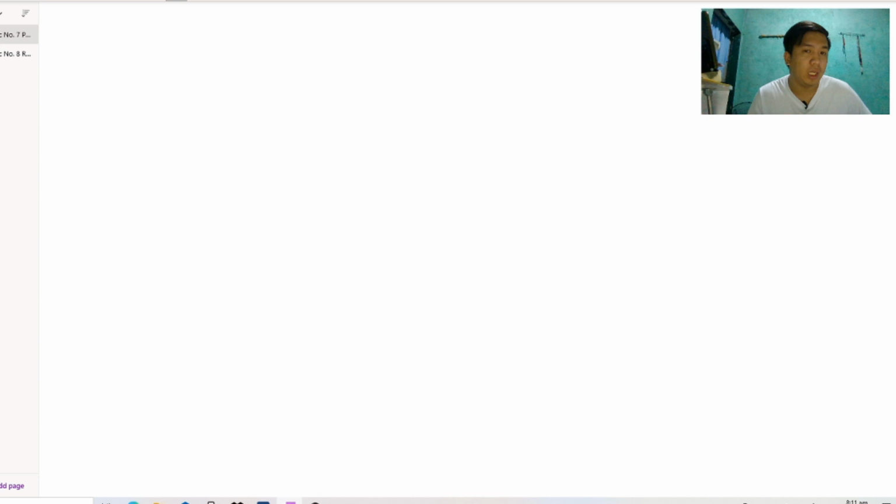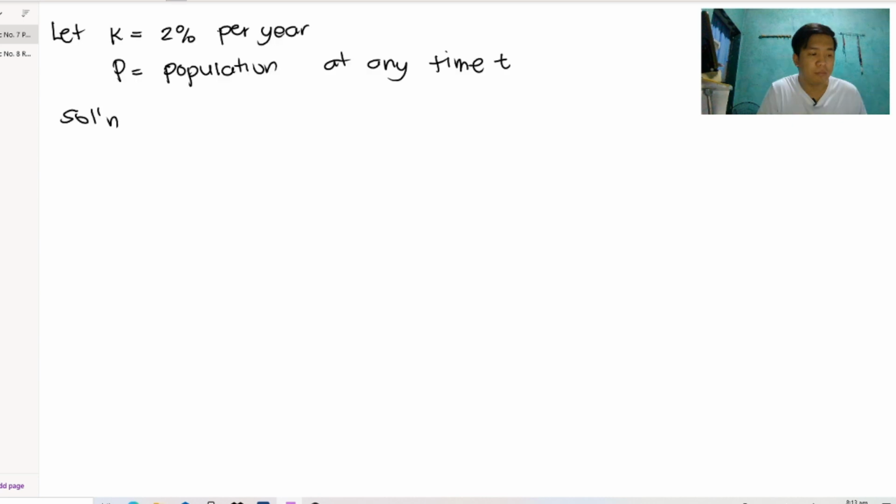The P here is the population at any time t. Okay? So, for the solution, we can use the formula from earlier. When t is equal to 0, the year 1970, the population is 3.5 billion.